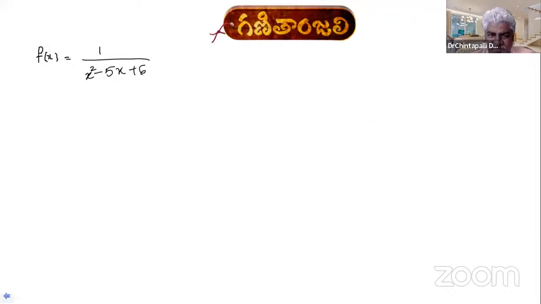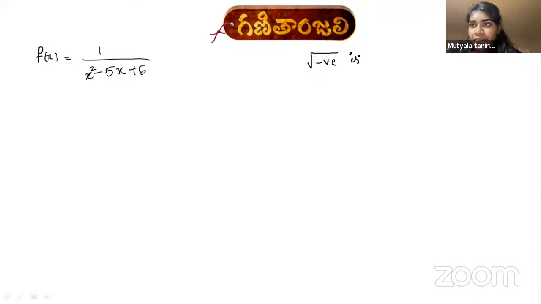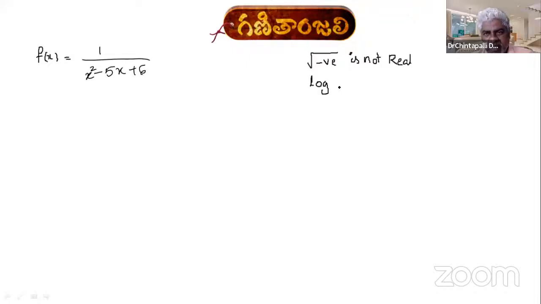What's the reason for not accepting any value of x? That is not in the domain. See one point, the square root of any negative value is not real. And logarithms, we need to discuss more about logarithms.